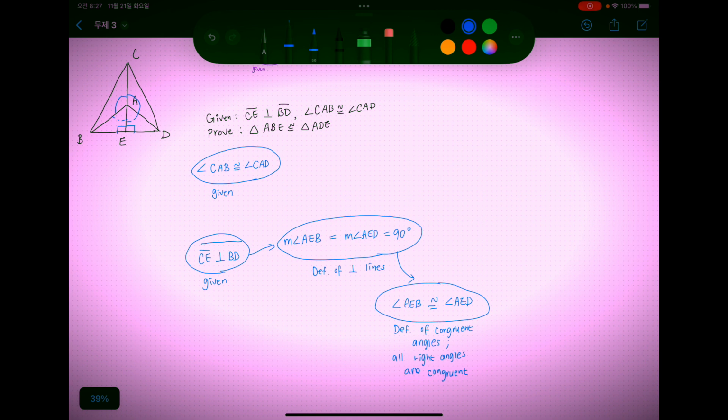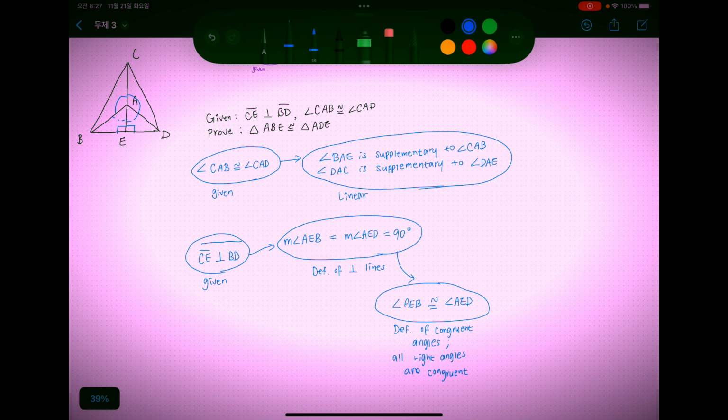And the angle is supplementary to CAB, and supplementary to DAE, and that's because of the linear pair postulate, right? When we have linear angles, then they're also supplementary. Linear pair postulate.